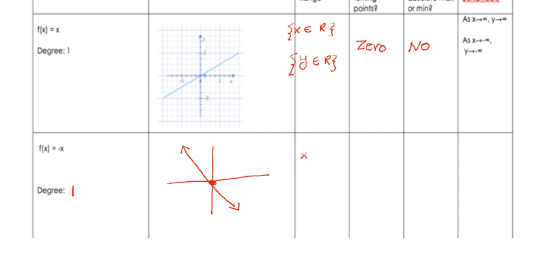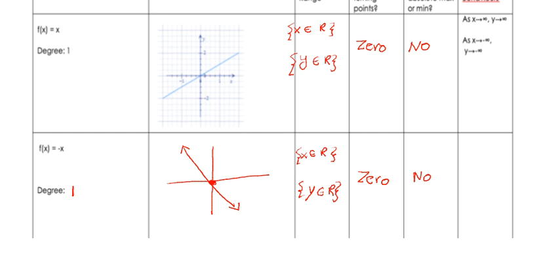What's the domain? And the range? No turning points, and no local max or min. How about the end behavior?